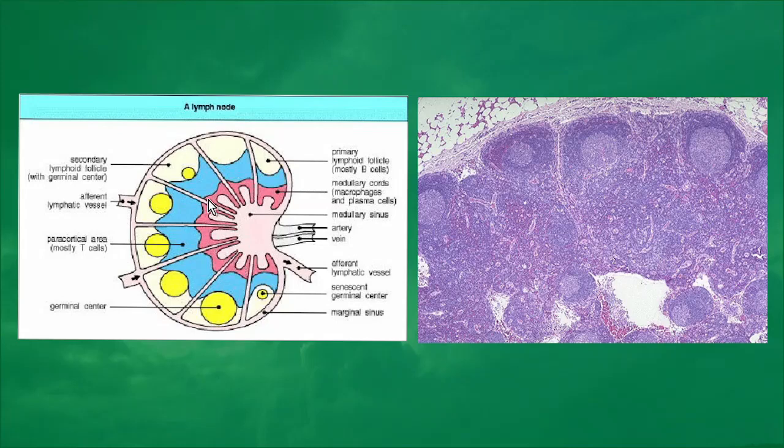And then the medullary area or medullary sinus area, there you can see macrophages, plasma cells, etc. So in histopathology, this is the germinal center, mantle zone, marginal zone. This is the cortex, paracortical area, medullary area.